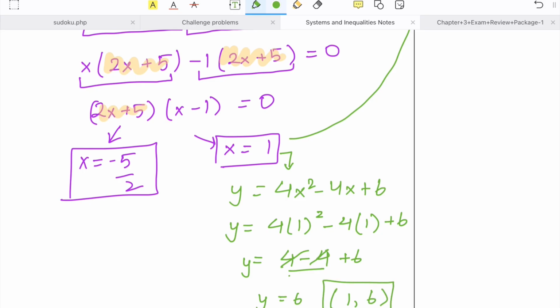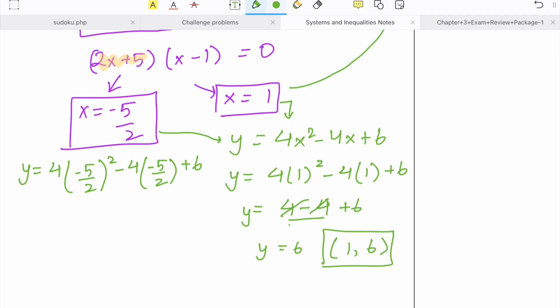I'll have to do the same for the second x value that I have. So y is equal to 4 times negative 5 over 2 squared minus 4 times negative 5 over 2 plus 6. You'll have to show your work over here. So it'll be 4 times 25 over 4 plus, because negative times negative is positive, 4 divided by 2 is 2.